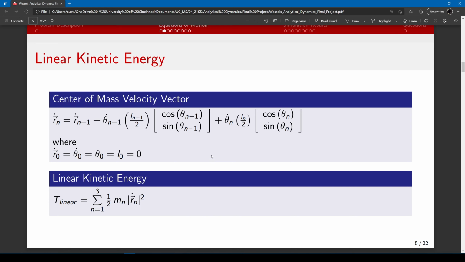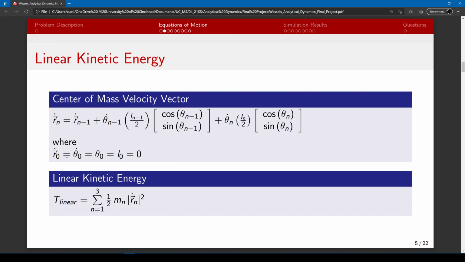Okay, so the kinetic energy of this system is easily calculated by taking the derivative of that r vector we saw on the previous page. So we get this extra theta dot term out in the front of each of these.